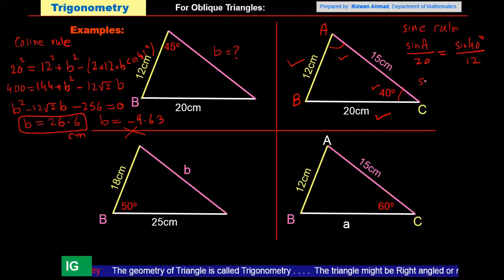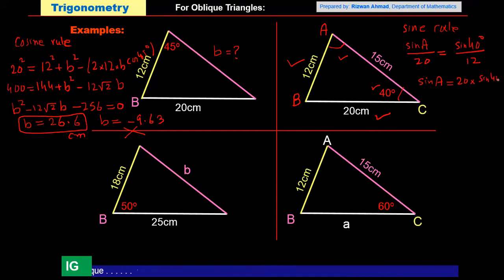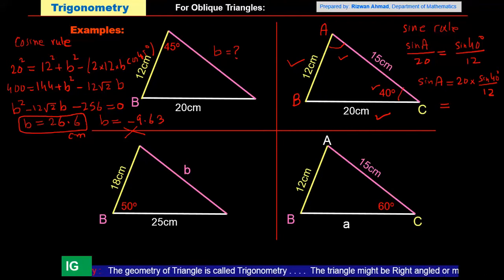Now from here, sine A is equal to 20 times sine 40 divided by 12, which will be equal to 1.0713 and so on.